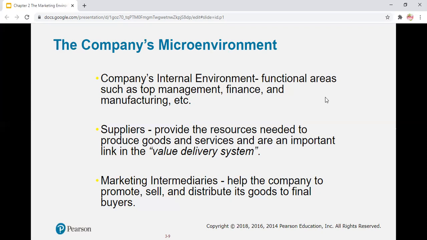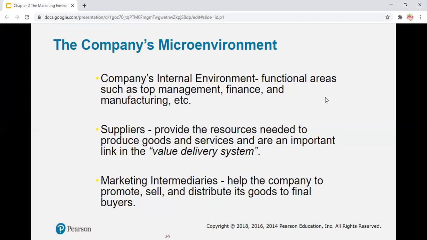Now let's define what suppliers are. Suppliers provide the resources needed to produce goods and services and are an important link in the value delivery system. This is a very important part in the microenvironment, the suppliers.